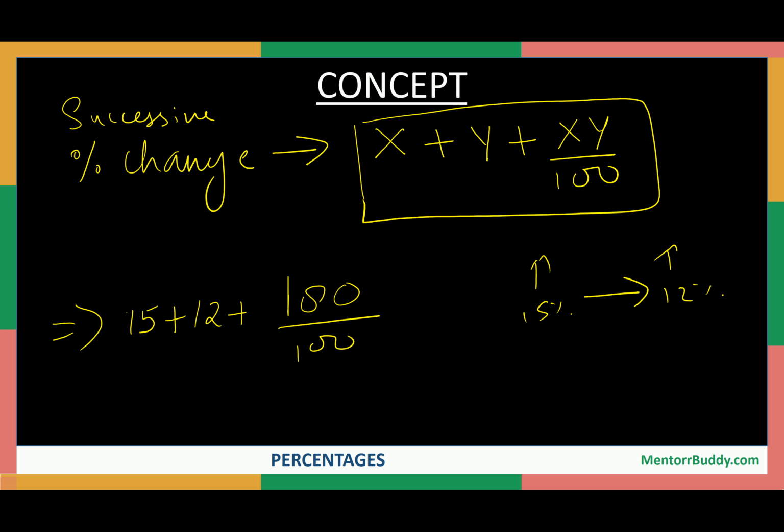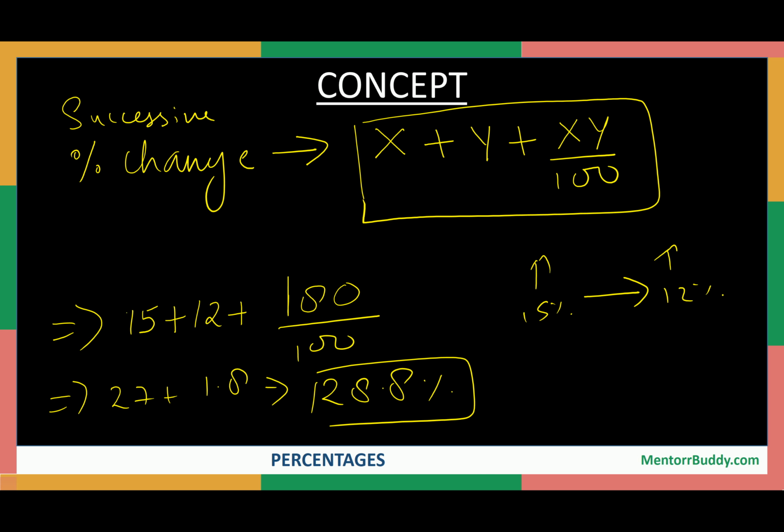So it will become 27 plus 1.8, that is coming out to be 28.8%. If a positive value is coming, then it is a percentage increase. The final net change is a percentage increase. So this is very easy. Have you seen that so much calculation has been reduced, right? It is just a shortcut method to find a percentage increase.